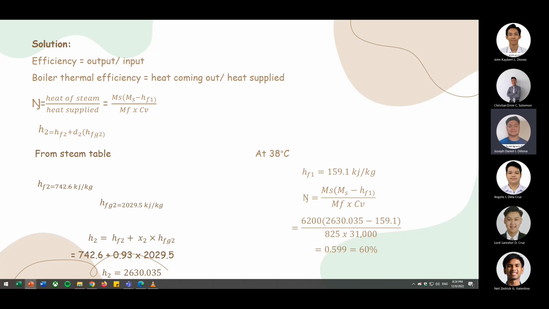First we need to find H2, and that is equal to HF2 plus X2 times HFG2. From the steam table, we can get the HF2 and HFG2. They are 742.6 kilojoules per kilogram and the HFG2 is equal to 2029.5 kilojoules per kilogram.